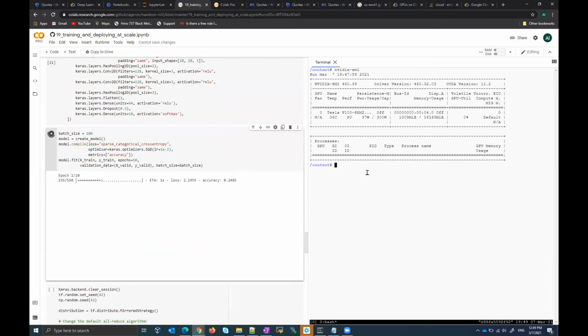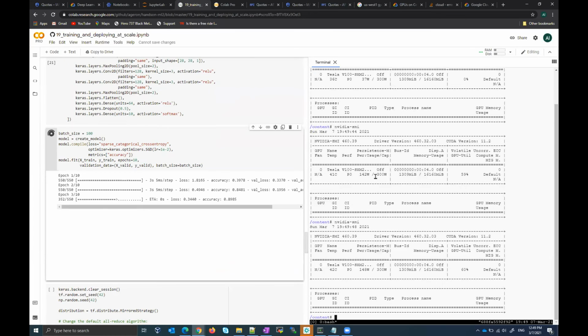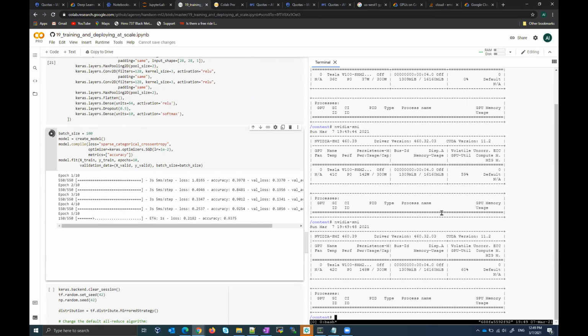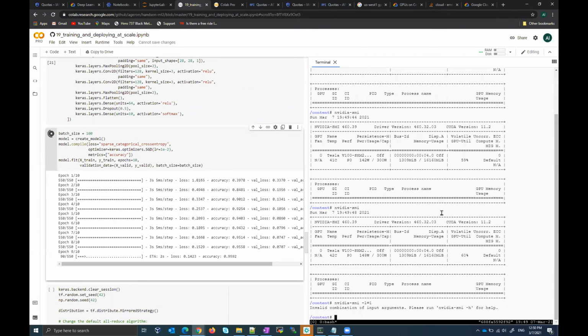Run that. We can now check. Now we can have NVIDIA-SMI -L equals 1, like that. Dash L space 1, sorry.